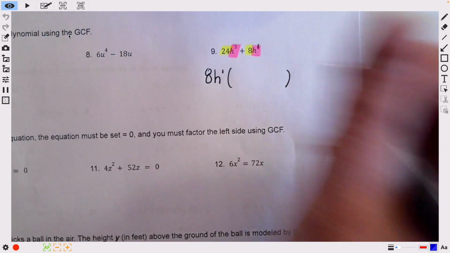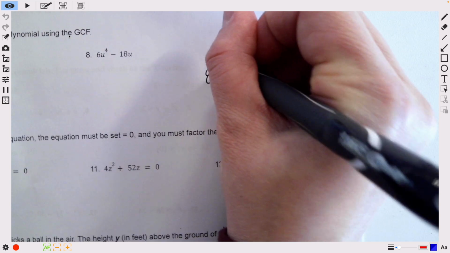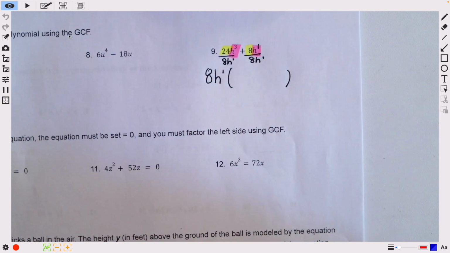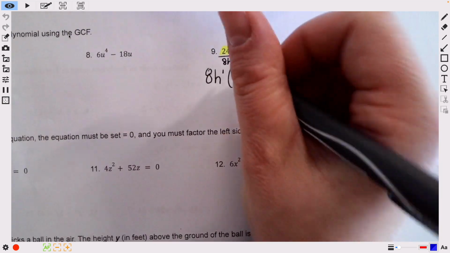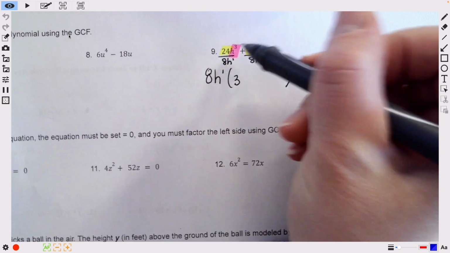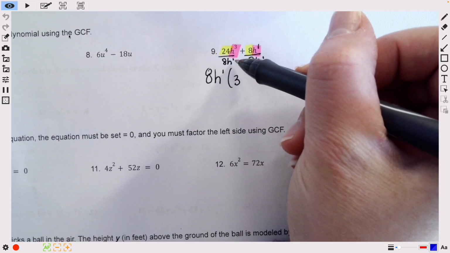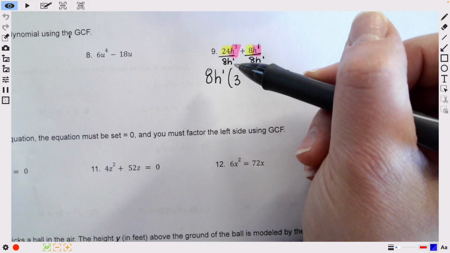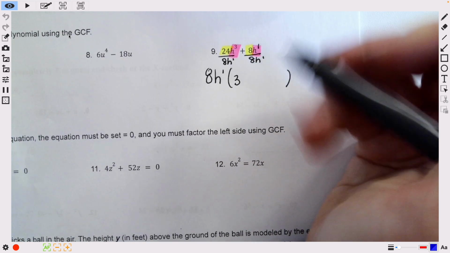Now that's not your actual answer because you still have to factor it. And we're going to go ahead and factor that really quick. Oh, this is an interesting one. What was 24 divided by 8? Okay. H cubed divided by h to the first. H cubed divided by h to the first.